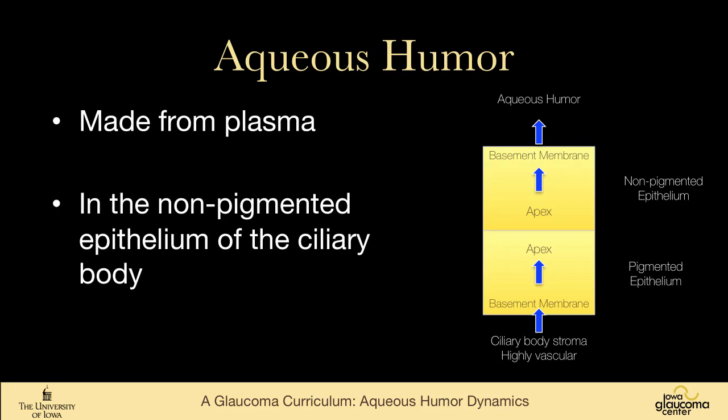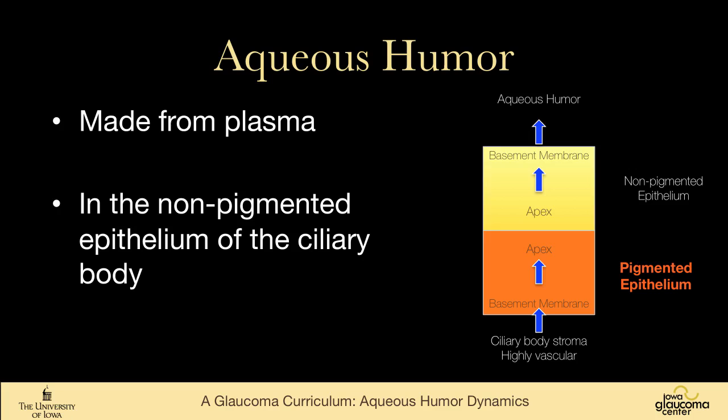Aqueous humor is made from plasma, and it's made by the non-pigmented epithelium of the ciliary body. So the process starts in the stroma of the ciliary body, where there's very abundant vascular supply with fairly leaky vessels that provides lots of plasma.